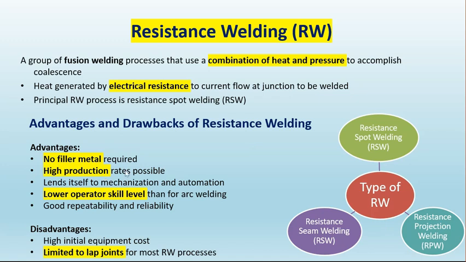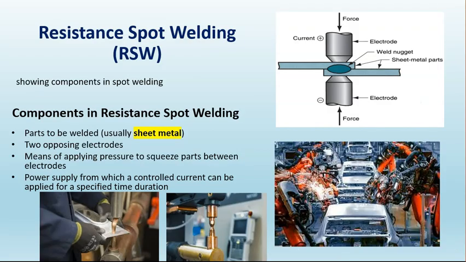Usually it's used in the automotive industry and for sheet metal, with lower operator skill. The disadvantage is that it's limited to lap joints, and also the high initial equipment cost. So nowadays the automotive industry uses spot welding robots for high productivity.